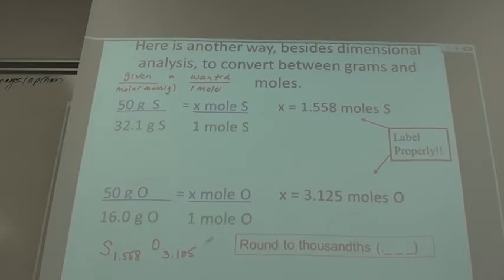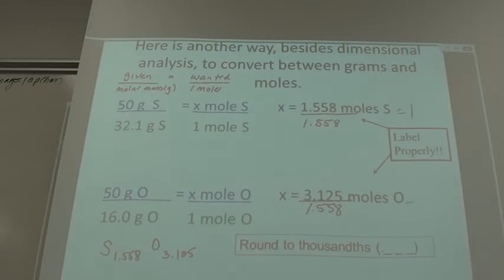And secondly, it's not a whole number ratio, is it? No. So what I'm going to do now is divide both of these by the smallest number of moles to get at least one of these to be a 1. Do you get that?